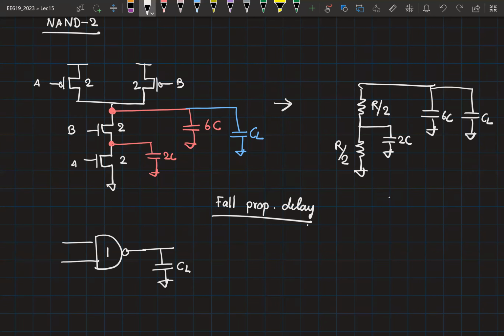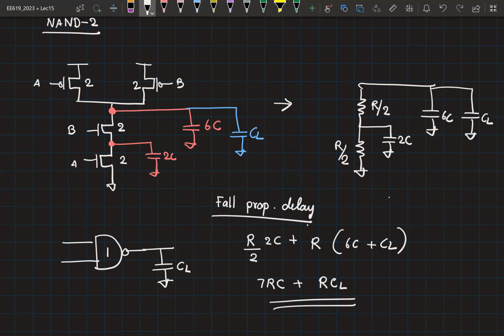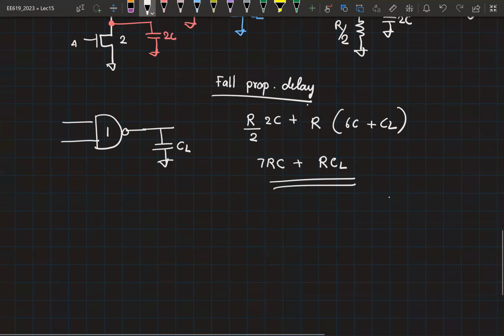So let me write the full steps first. So the delay is going to be R by 2 into 2C plus R into 6C plus CL. So this gives you 7RC plus R into CL. This is fine? Okay.